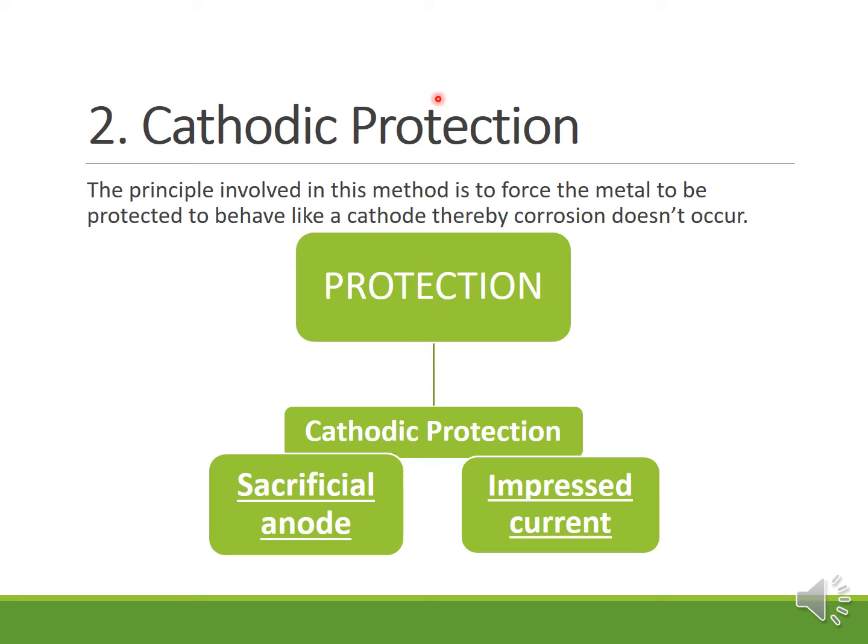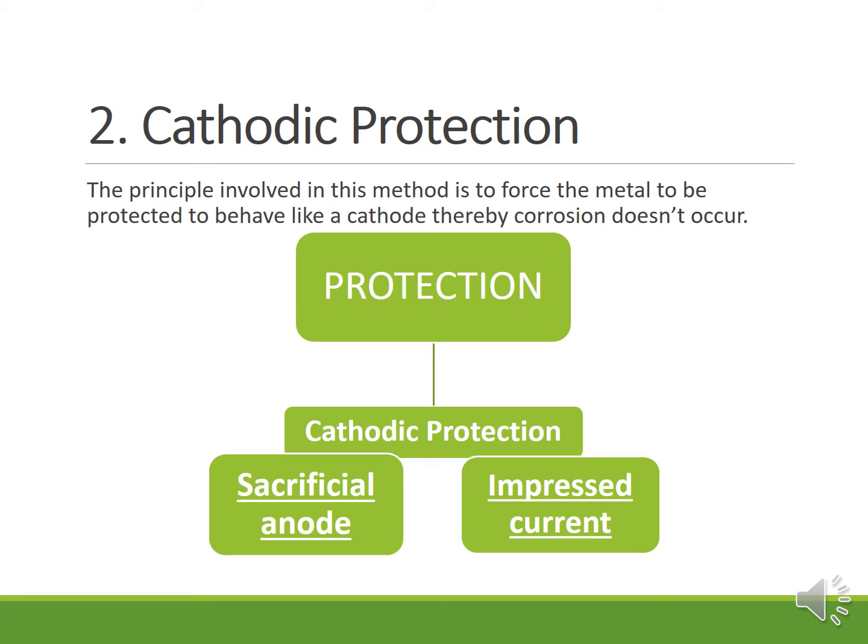What is cathodic protection? When metal undergoes corrosion, it behaves like an anode and loses electrons. But what happens in cathodic protection? We force the metal to behave like a cathode, so corrosion will not take place.